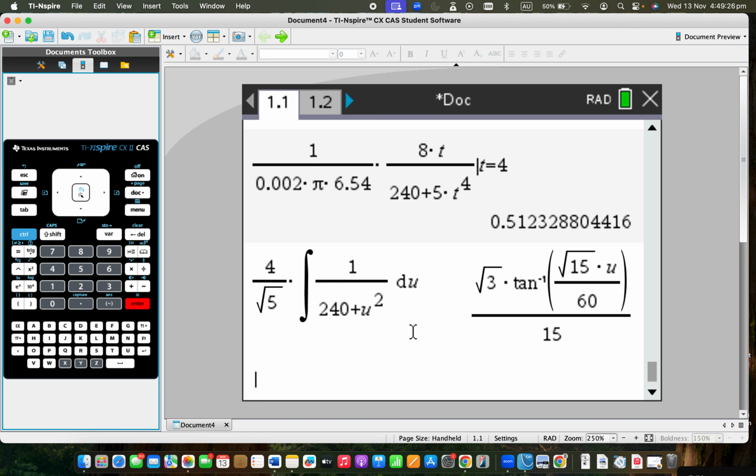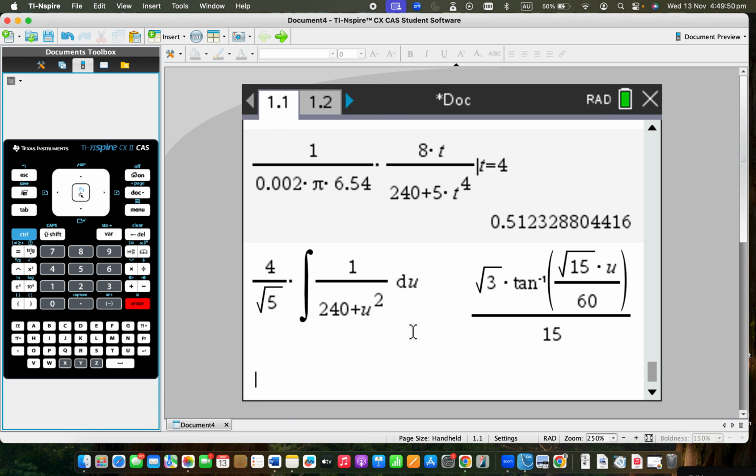Now just be careful, they want it as 1 over something. Now remember, 1 on root 3 is root 3 on 3. If we write that as 5 times 3, that's 1 on root 3, so it should be 1 on 5 root 3. Now that will work out to root 3 on 15.